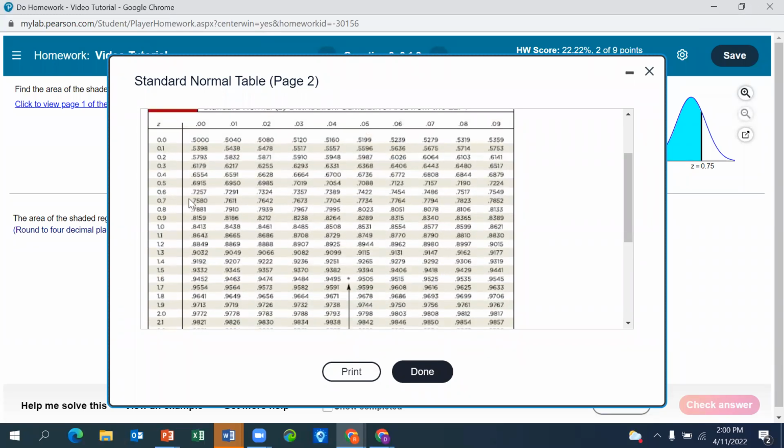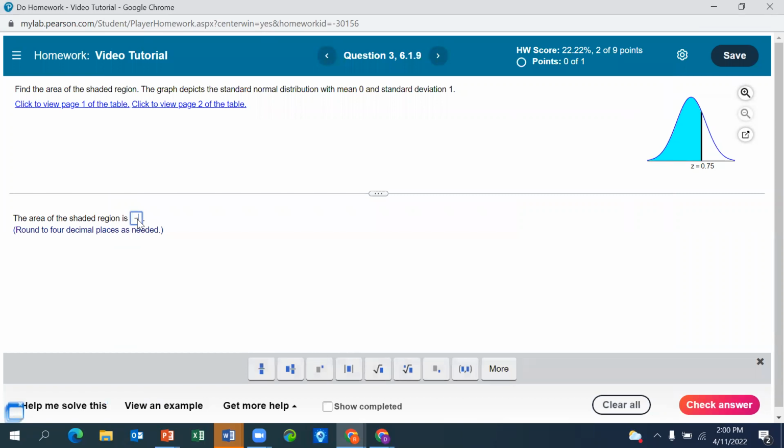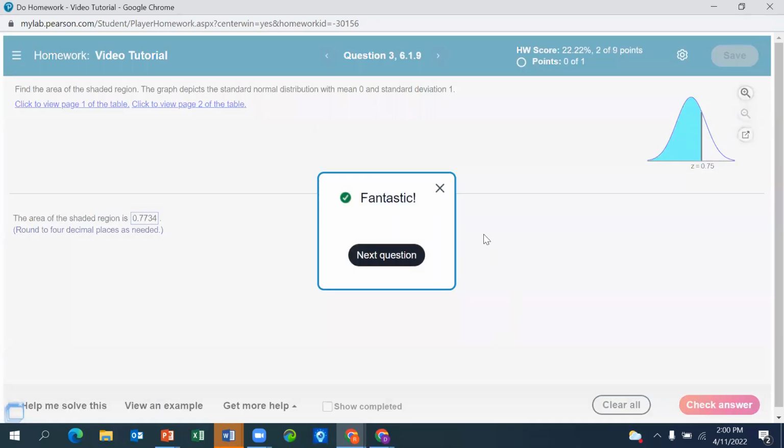Here's 0.7, and we are looking for the 5. There it is. 0.7734. So that's a correct answer.